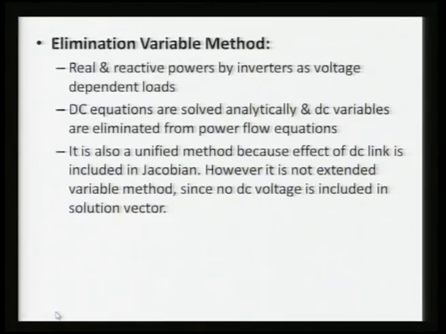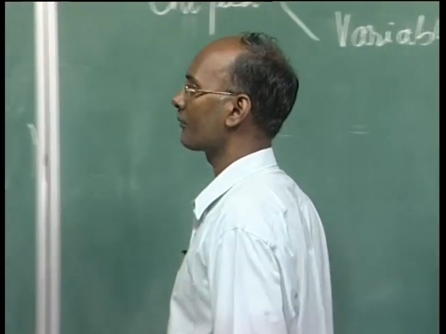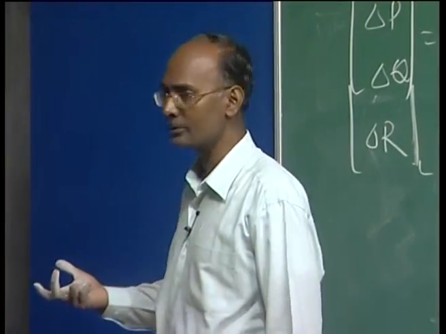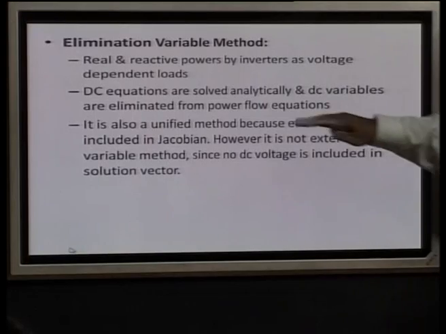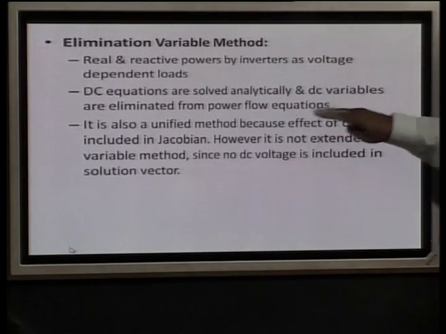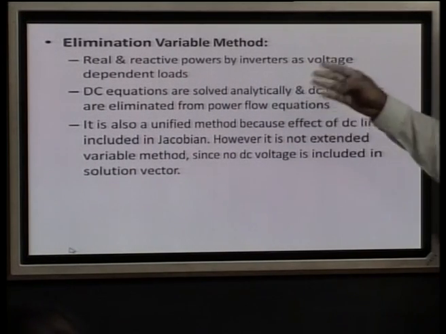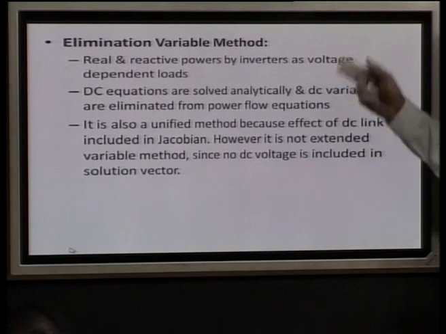So, in this variable elimination method, what we do is take the real and reactive power of the inverters as voltage dependent loads. Then the DC equations are solved analytically, and the DC variables are eliminated from the power flow equations, because once you are taking the load here, then the DC variables are solved and included.